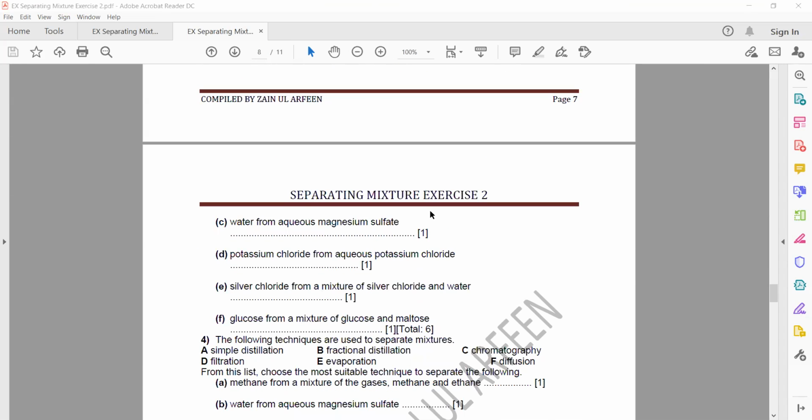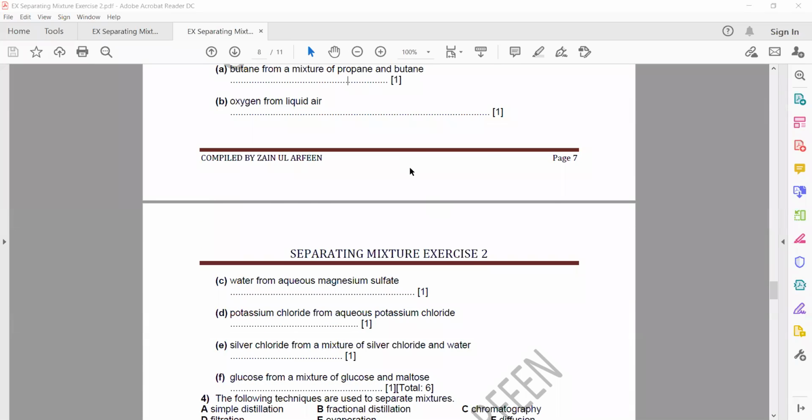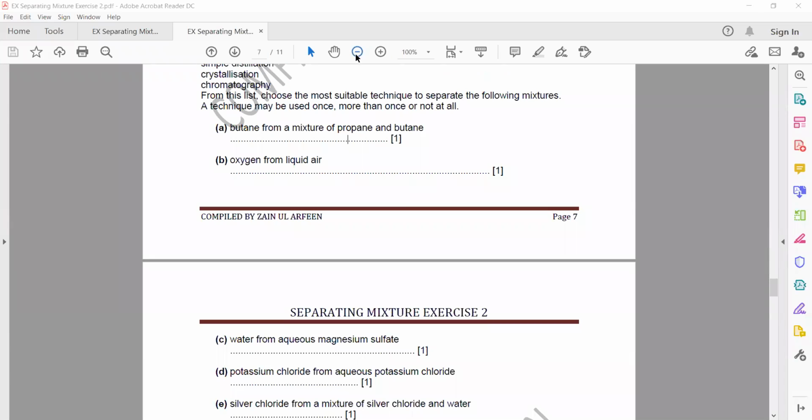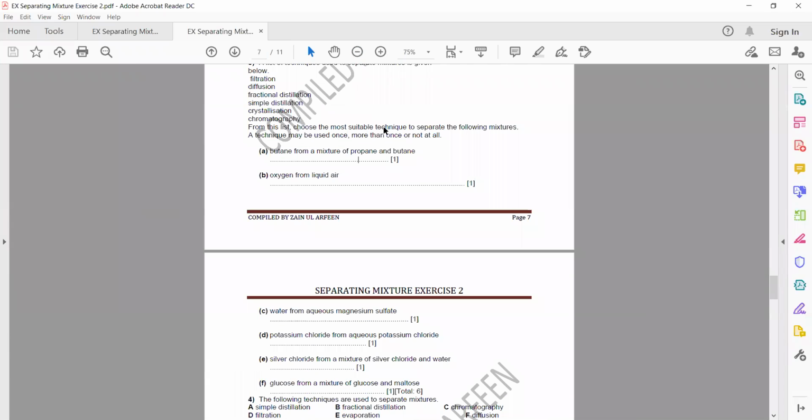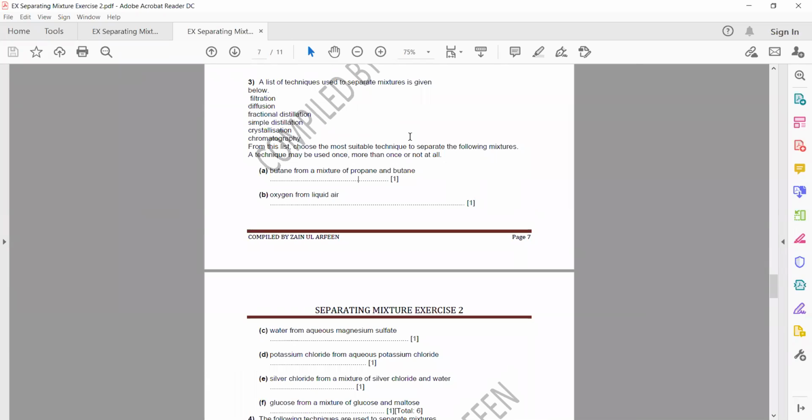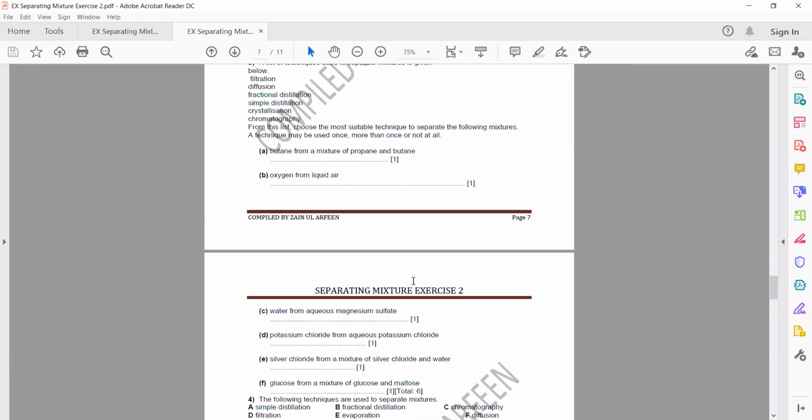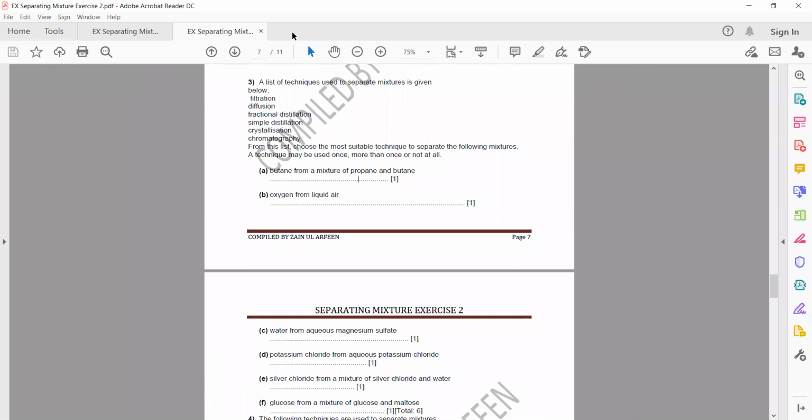Water from aqueous magnesium sulfate means we need water from magnesium sulfate solution. Simple distillation. So if we need liquid from a solution, we use simple distillation.